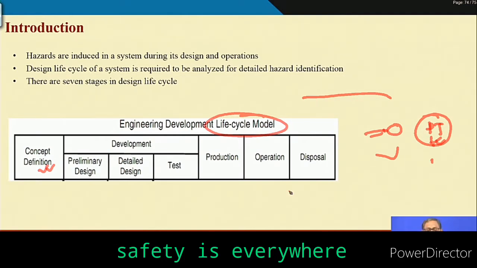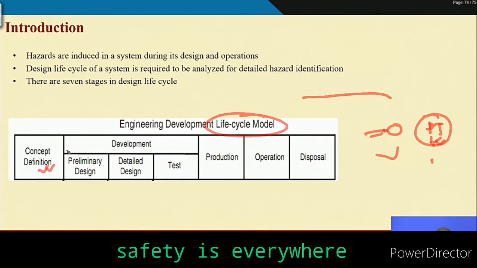But if we talk of a big plant, like opening a steel making plant or maybe establishing an engineering project division, these are the big things. There also, please keep in mind that the concept definition is the starting point for any engineering system development.